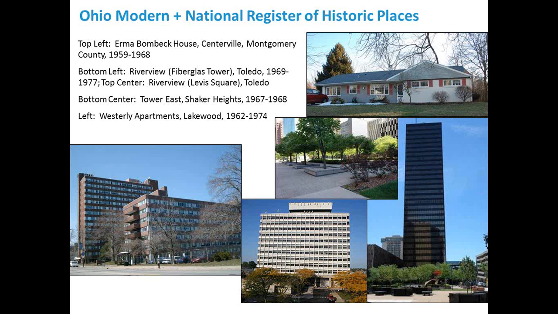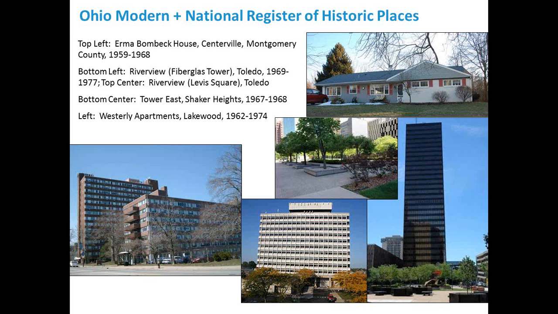And it's coupled then with the intact urban plan, urban park setting of what was called Levis Square in Toledo, which still retains some of the hardscape and the planting boxes and sidewalk patterns that are associated with this example of urban renewal downtown redevelopment.